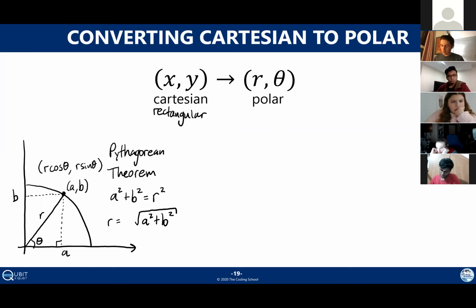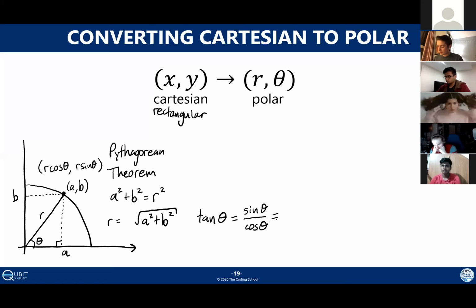Now, we have theta appearing here. In order to get rid of these r's, we would like to be able to divide one of these values by the other. That way the r's would cancel out. And it turns out that tan theta gives us the perfect way to do that. Remember that tan theta is defined as sine theta over cos theta.